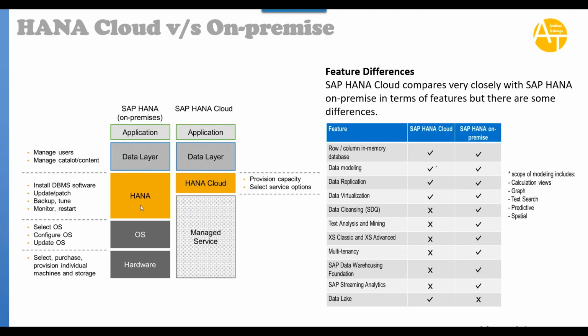You get into a contract for 10 or 20 years with SAP, which locks you in, and then you buy the DVDs that you need to install on your OS. You need to take care of upgrades, patches, backup, tuning, monitoring, and restarting for this box. You need to hire HANA administrators to take care of that. Then on top, you need to have your data and application. So this is what you build finally.